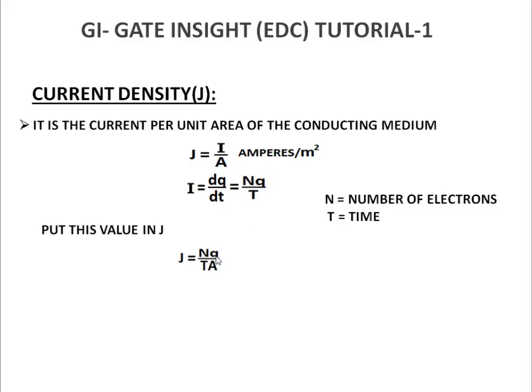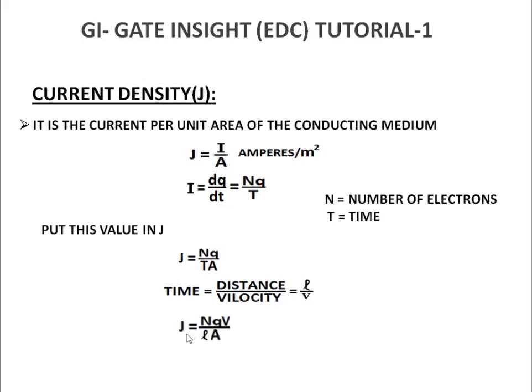Here n is the number of electrons, q is the charge of electrons, t is the time and A is the area. As we know that time is equal to distance divided by velocity, we are denoting distance as L and velocity as v.